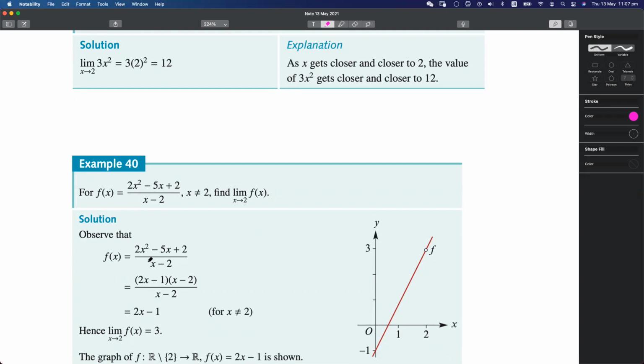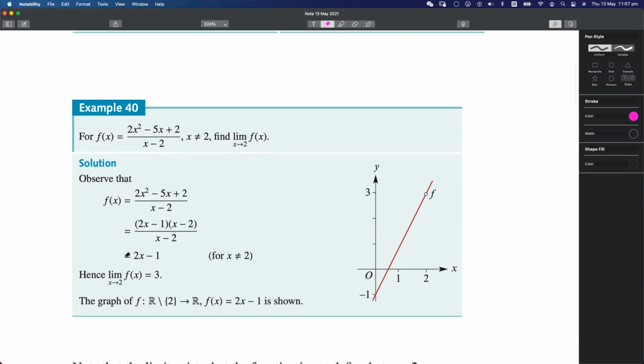To address this issue, if you ever encounter this case, you should always simplify before substituting the value. Expand and factorize this expression. We have brackets 2x minus 1 times brackets x minus 2, over x minus 2.